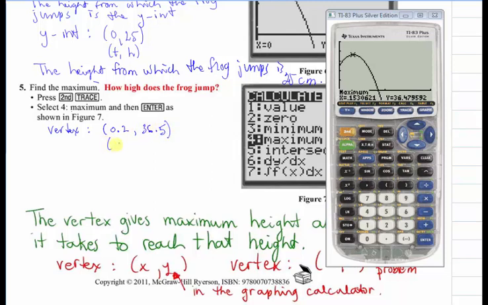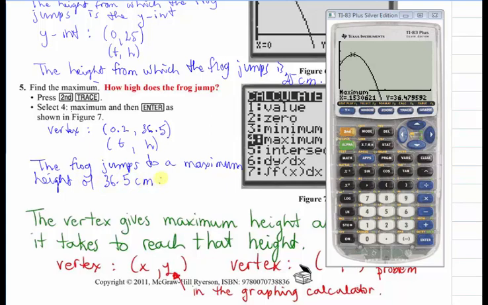36.5. Okay, so remember this is t, this is h, so the frog jumps to a maximum height of 36.5 centimeters.